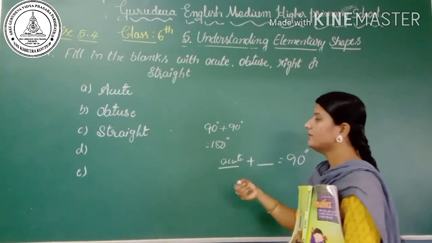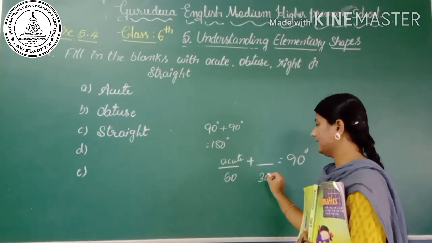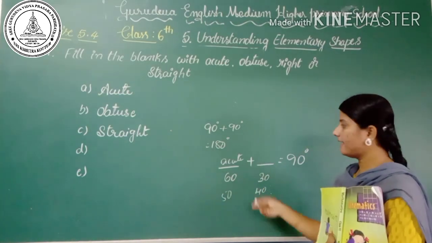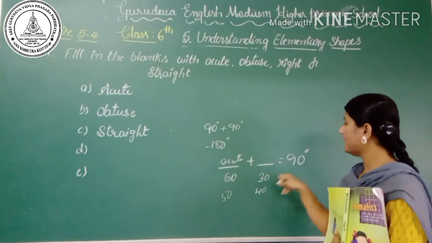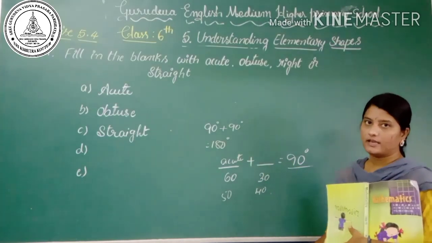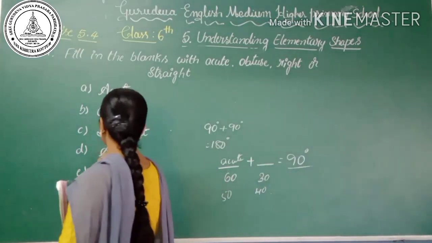So it would be 60 degrees and 30 degrees or 50 degrees and 40 degrees. Whatever two angles you add, if the sum is 90 degrees, the angles are acute angles. Okay. Then the fourth one is acute angles.